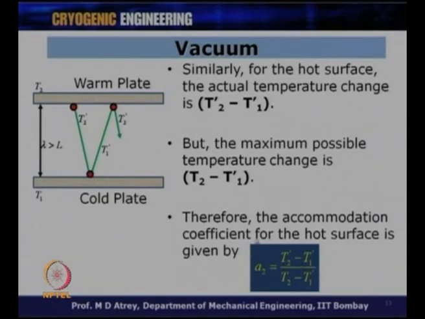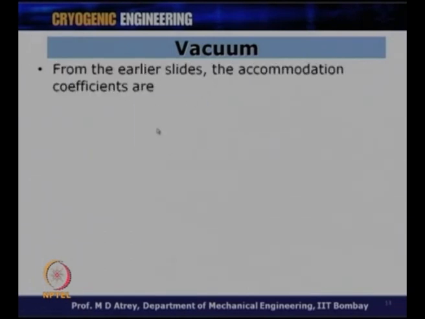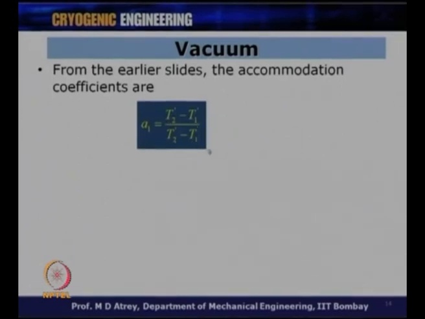So, we have now defined the accommodation coefficient for plate 1 and for plate 2, which are maintained at T1 and T2 temperatures. From the earlier slides, the accommodation coefficients are A1 as T2 dash minus T1 dash divided by T2 dash minus T1, while A2 is T2 dash minus T1 dash divided by T2 minus T1 dash.